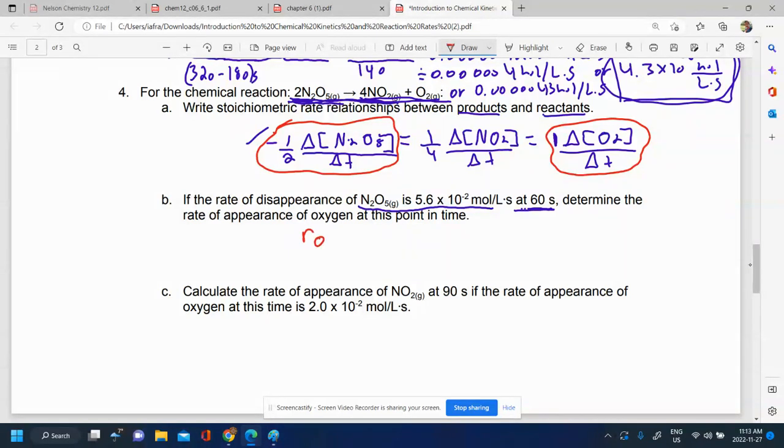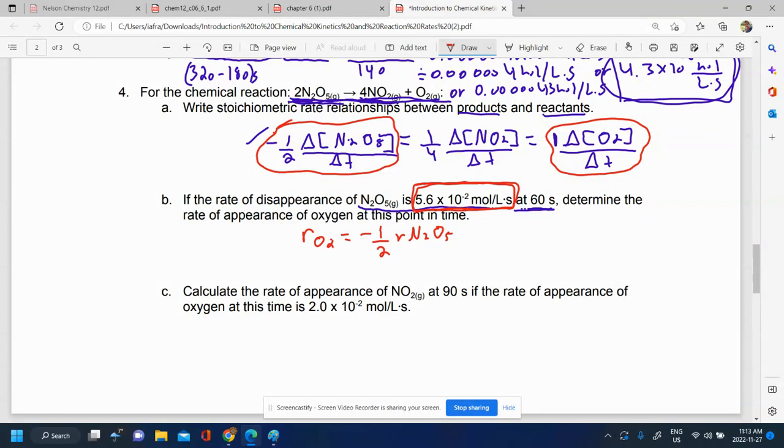What we know from our relationships that we built there is that the rate of oxygen production is going to be equal to -1/2 of the rate of N2O5 consumption. So we know the rate of N2O5 consumption to be this over here. Now, because it's being consumed, this is technically a negative number.